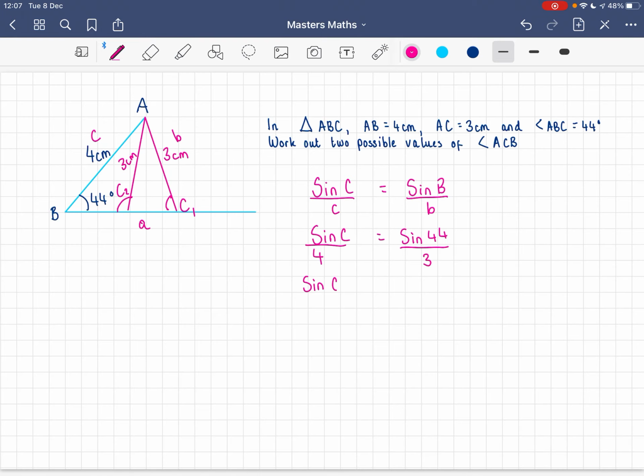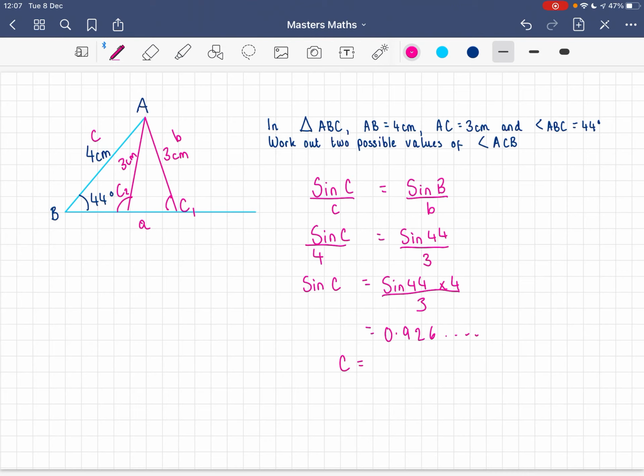Rearrange it, so we get sin C is equal to sin 44 times 4 divided by 3. I put it in my calculator, and it's 0.926, and it goes on, it's a really long decimal.